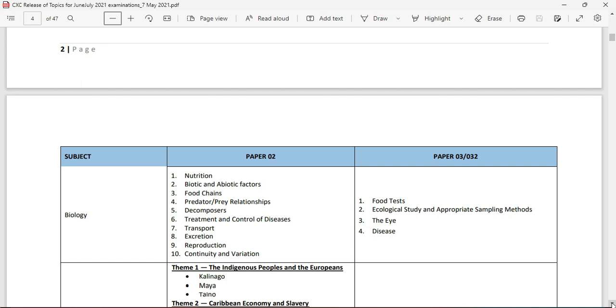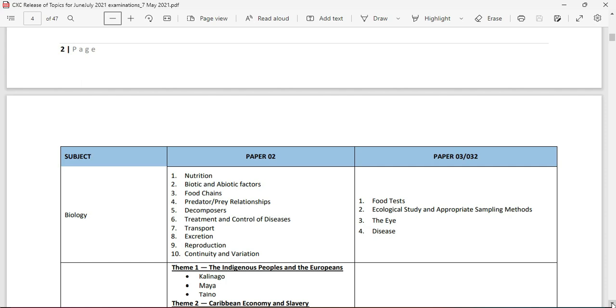Now, what I'm going to do is ask persons to just look at the paper for 2021, and you can use your judgment. Look at the 2021 paper and tell me in the comments below if Cxc was fair in what they brought versus what they had promised.